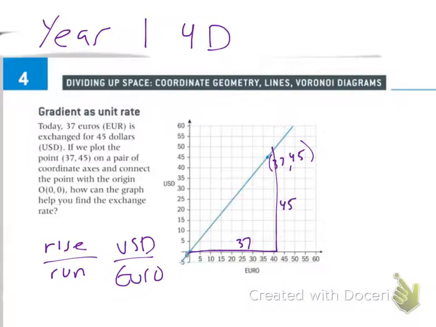That means I have $45 US to 37, we'll put British pounds. So $45 to 37 British pounds. I could write that the other way, as in the rate of 37 British pounds to 45 US dollars.